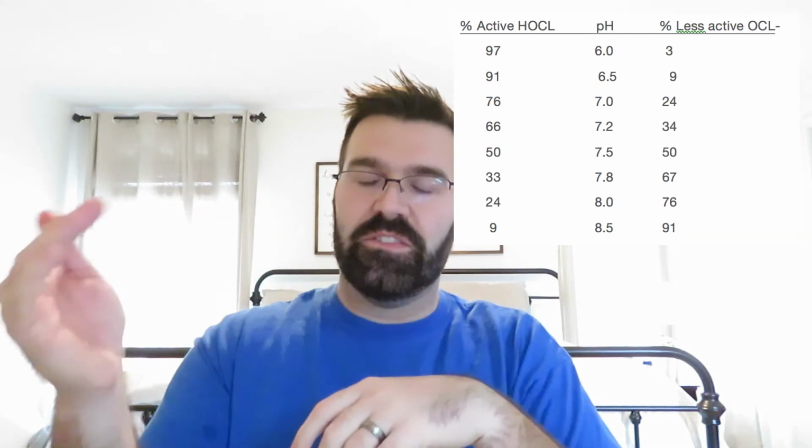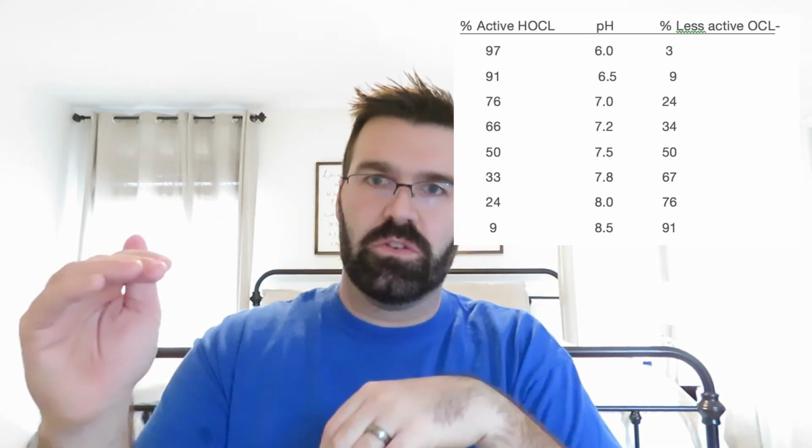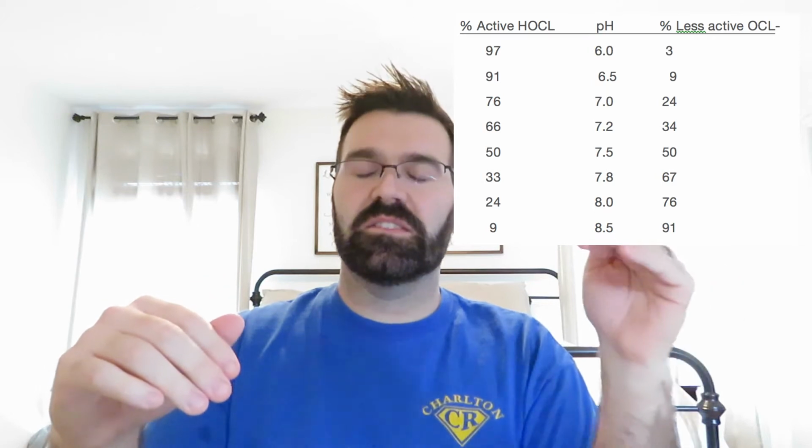Just like pH affects the effectiveness of your chlorine, cyanuric acid does the same thing, and we really have to be mindful of that. So a higher level of cyanuric acid basically means your chlorine is less and less and less effective. All right, so it's kind of like a seesaw. As your cyanuric acid level goes up, the effectiveness of your chlorine goes down.